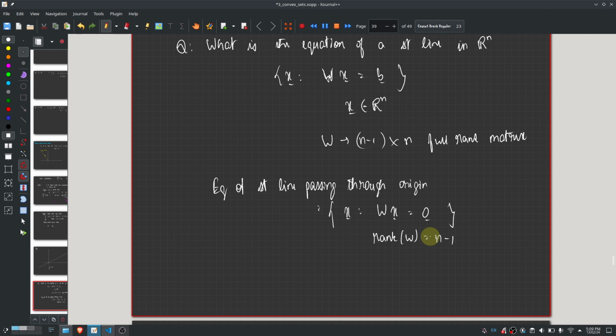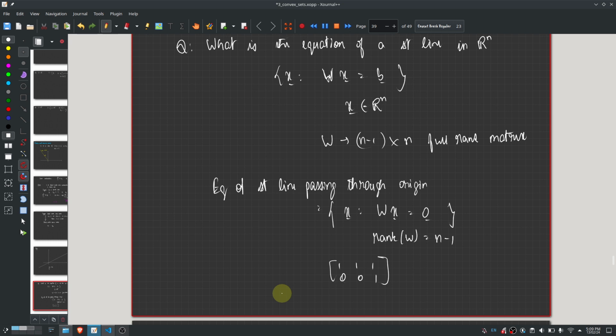If you're still not convinced, then take an example later on. Take, let's say, R3, because that's the interesting case. In R3, take a rank 2 matrix and try to plot the set of all points satisfying W times x equal to 0. For example, you could just take the rows 1, 1, 1 and 0, 0, 1.